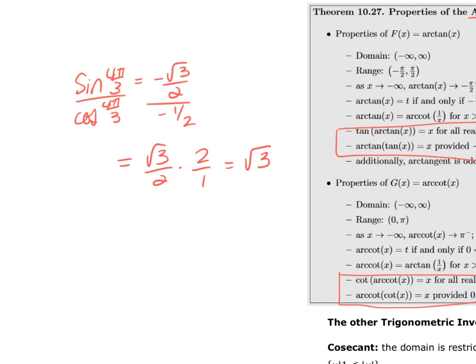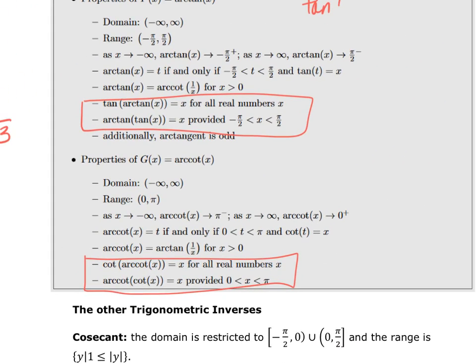Okay? All right. Again, it is terribly important to know where you're standing. You need to know which quadrant you're in. When you're doing the composition, if you have the arc of the trig function or the trig function inverse on the inside, you just get the answer.